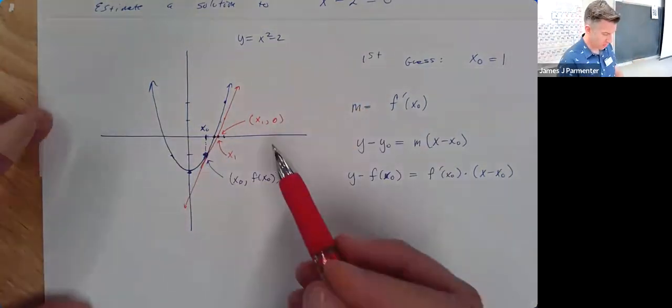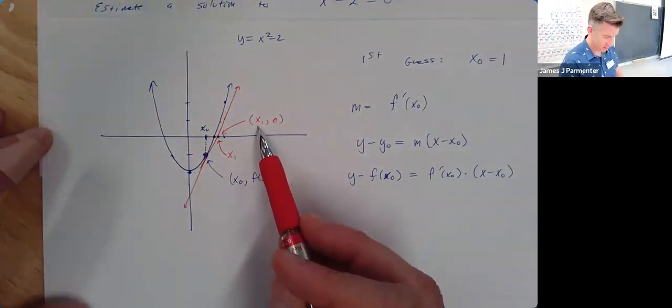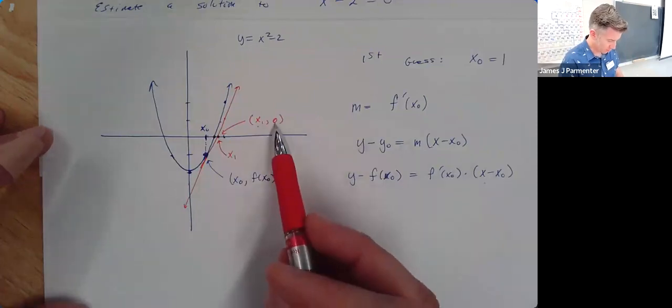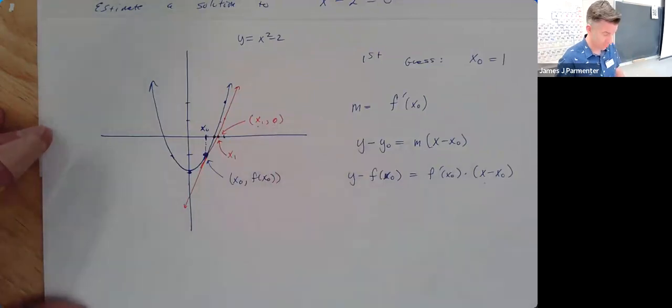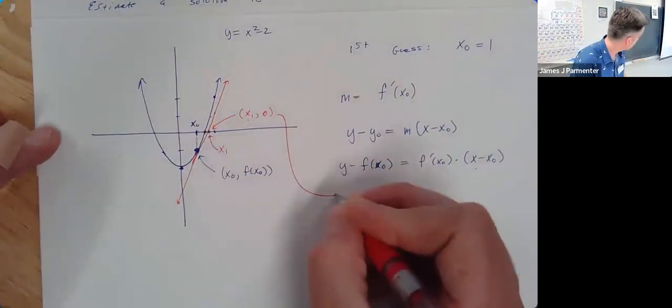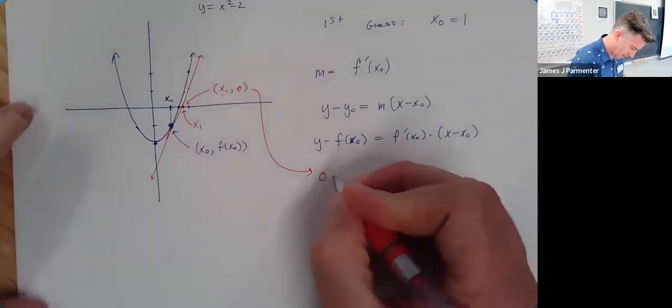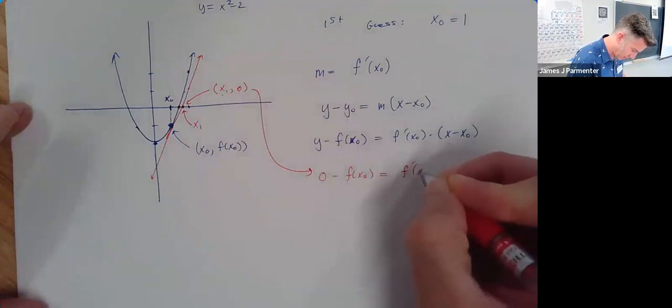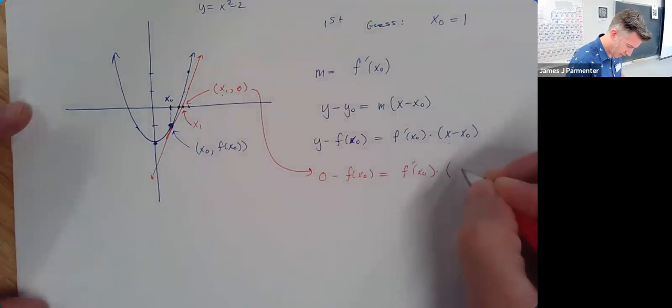So here's what we're going to do. We're going to plug in this x1 for the x value, and this y1, which is 0, for the y value. So here's what we're going to get: 0 minus f of x naught equal to f prime of x naught times x1 minus x naught.